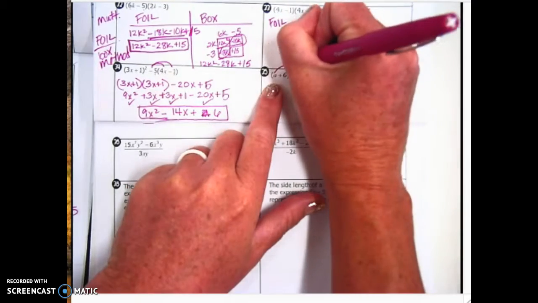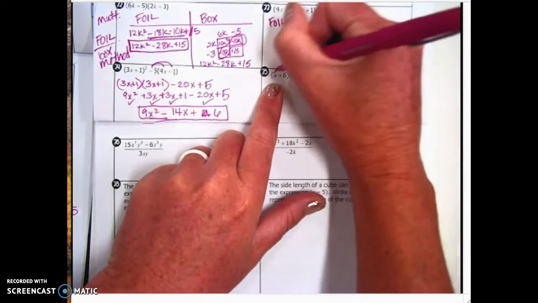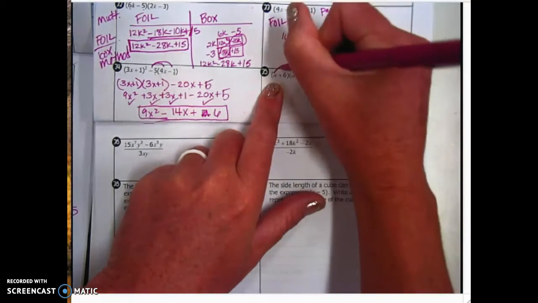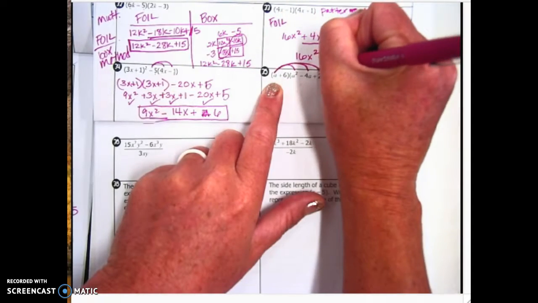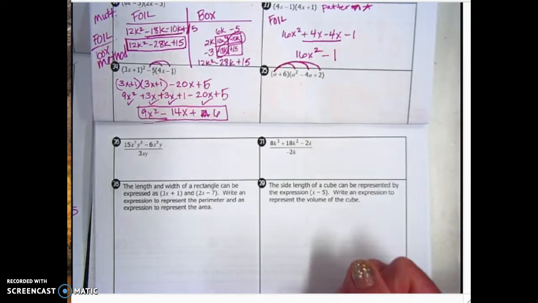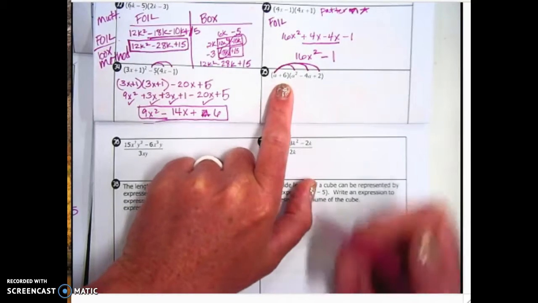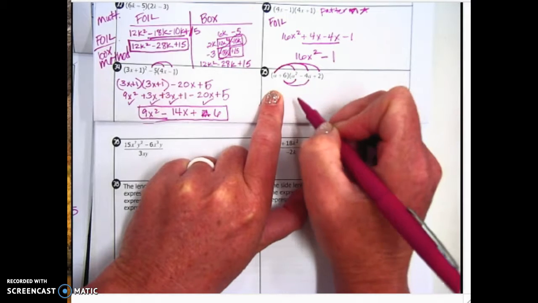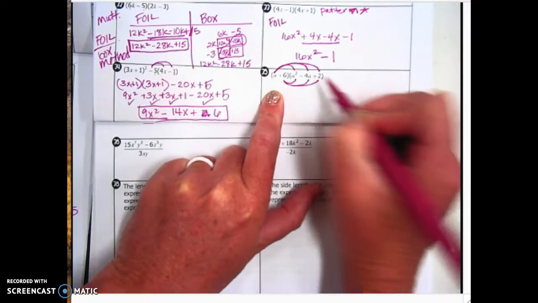We're going to take the a and draw a rainbow to the a squared, a rainbow over to negative 4a, and a rainbow over to 2. But we also need to distribute the positive 6. So we're going to draw a rainbow to a squared, a rainbow to negative 4a, and a rainbow to positive 2.